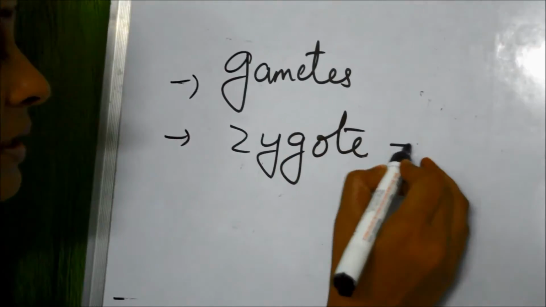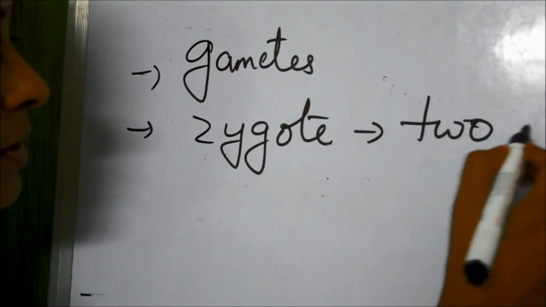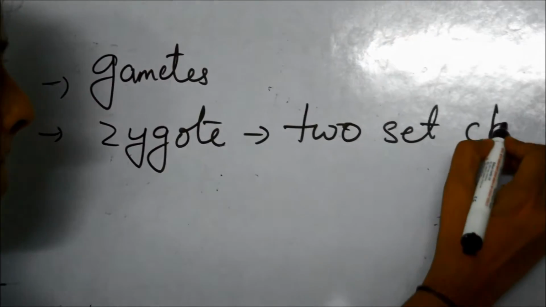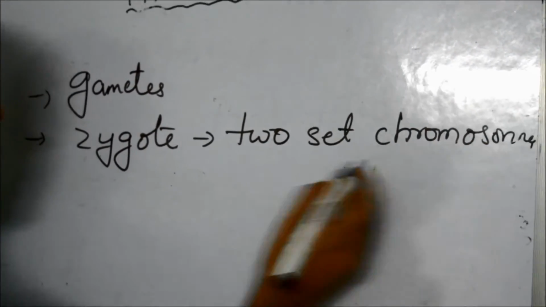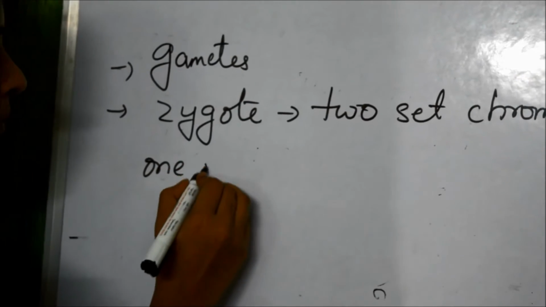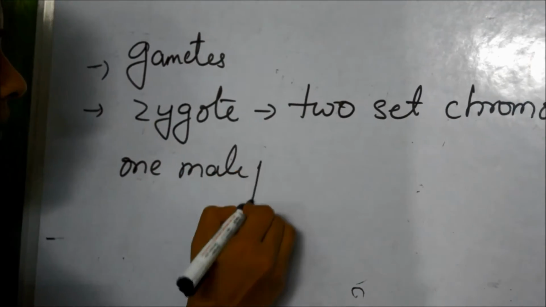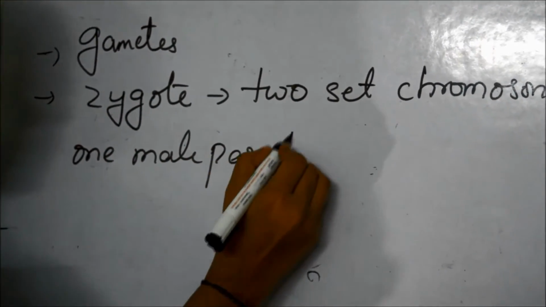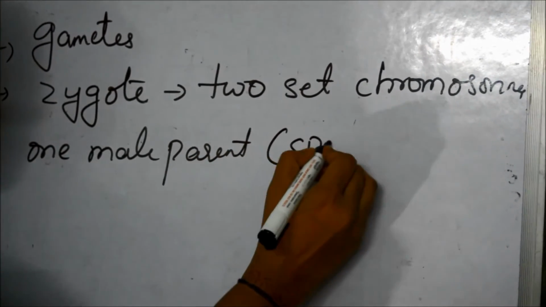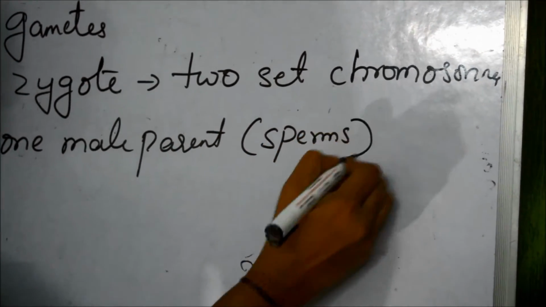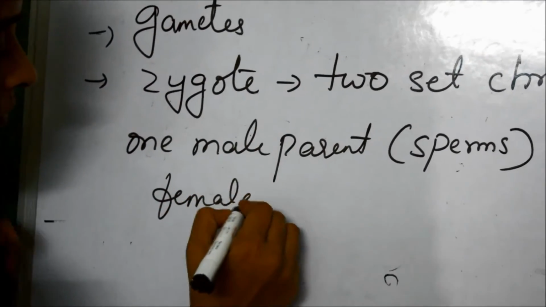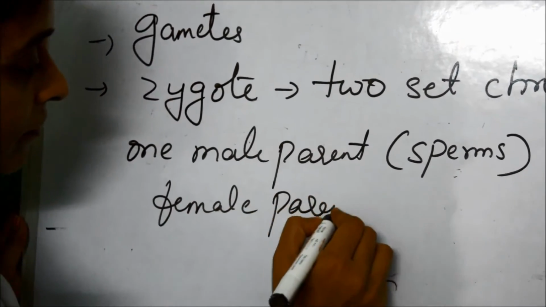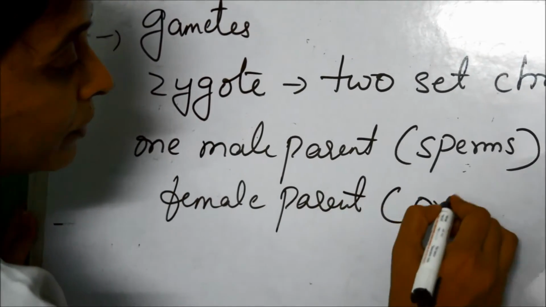The zygote consists of two sets of chromosomes. One set is from the male parent through sperm, and another is from the female parent through the ovum.